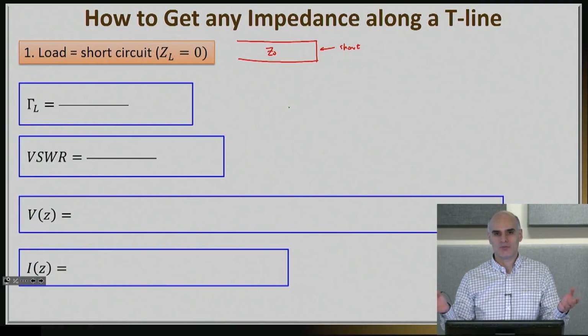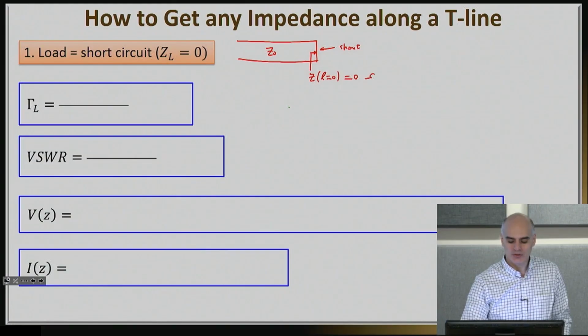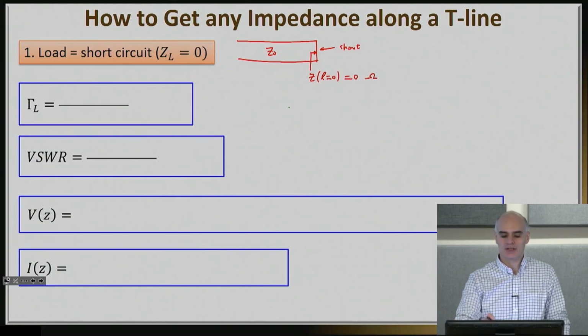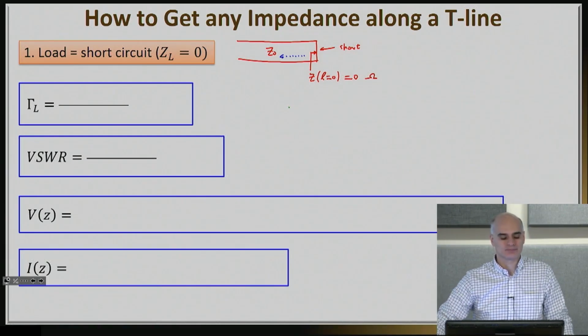Just literally take two pieces of wire and short them at one end. What we will find out is that even though ZL clearly, when L is equal to 0, is equal to 0 ohms, of course, as you start moving away, this can change quite dramatically.